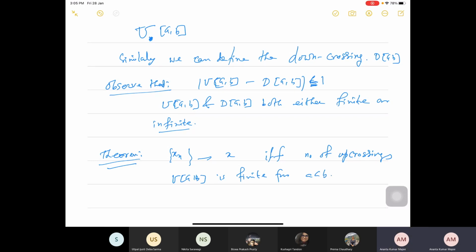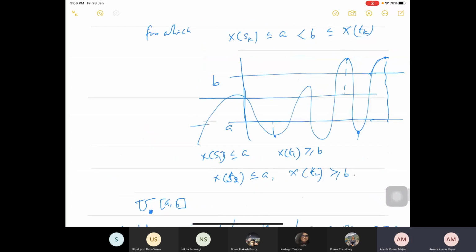In real analysis one can think of it this way: if you see it going up and down, these fluctuations, and you have infinite fluctuations, then it cannot converge, because it keeps going below a and above b. You can think of this intuitively: this is my sequence x_n, these are the points and so on.